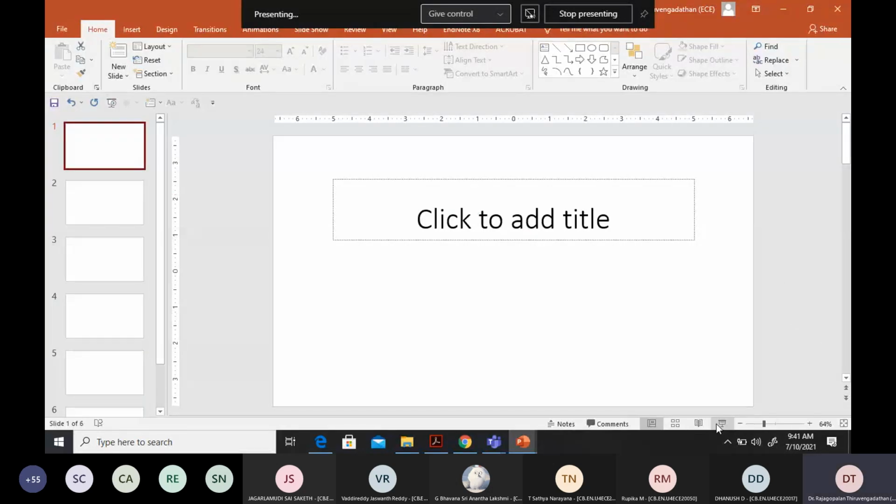Wave shaping circuits. Okay, this is a lecture. What is known as the wave shaping circuits. So basically, suppose there is an input signal, a sinusoidal or a square wave or a triangular wave or whatever is the input signal.